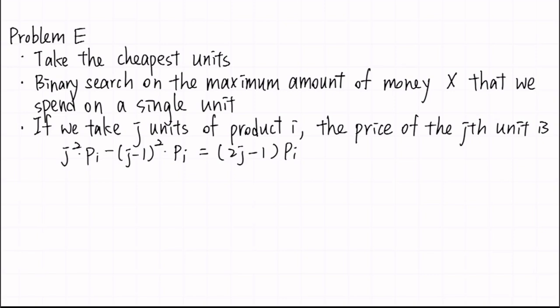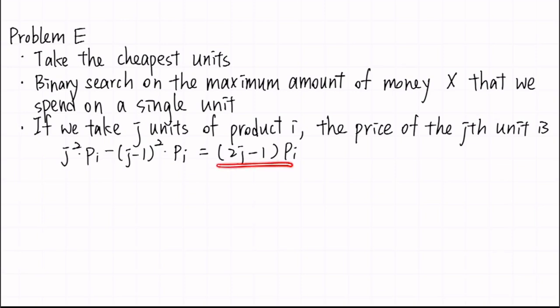So we can get the price of a single unit for a product, since if we take j units of product i, the price of the jth unit will be equal to the price of j units summed up together subtracted by the price of j minus 1 units.